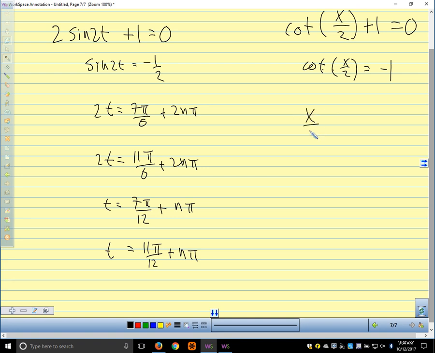All right, for this one, cotangent of x over 2 equals negative 1. So now we think about the unit circle, and we say, when is our cotangent equal to negative 1? So that's where the sine and the cosine have the same value, but one is positive and one is negative.